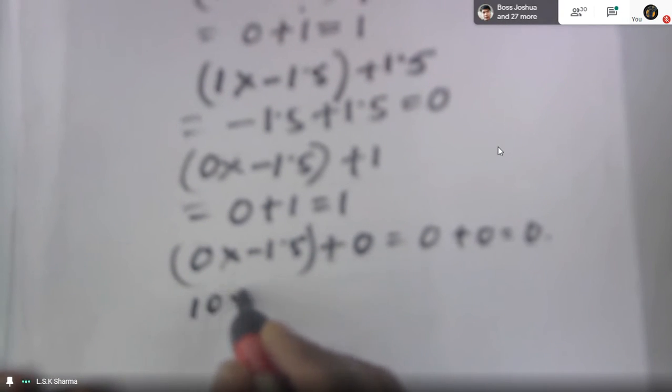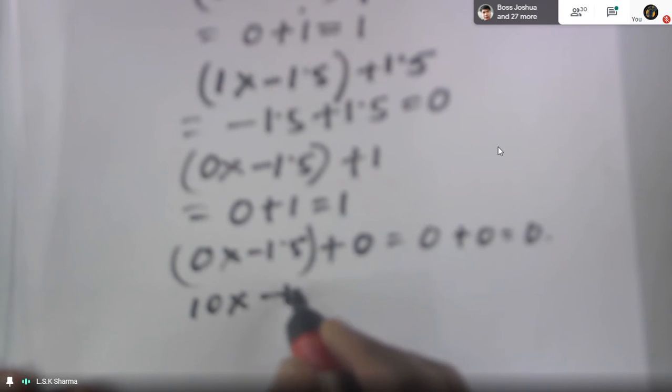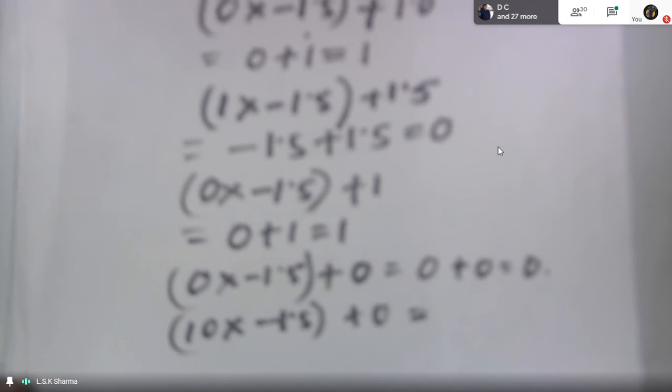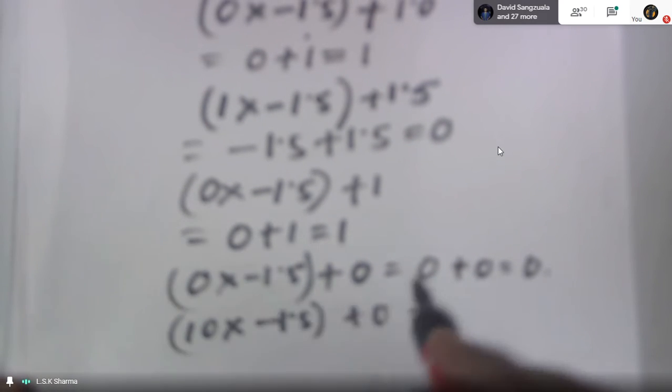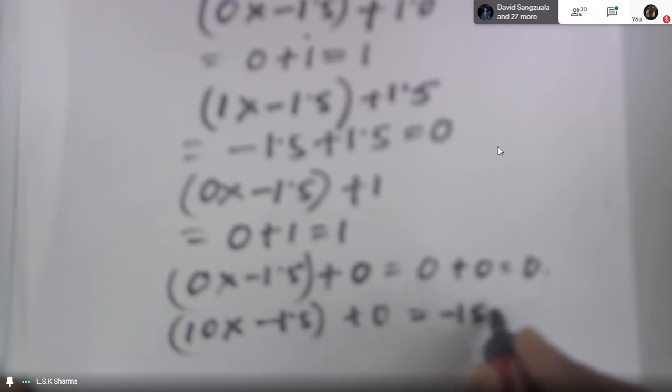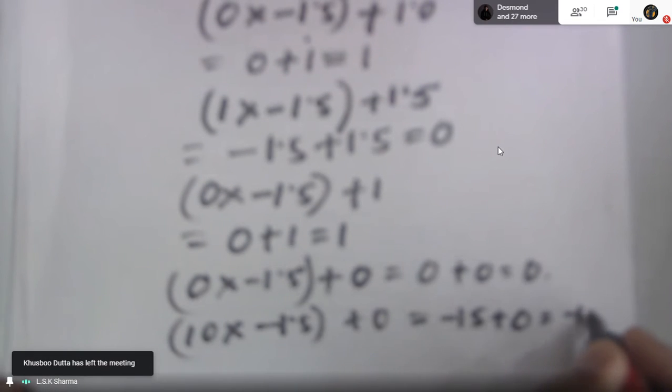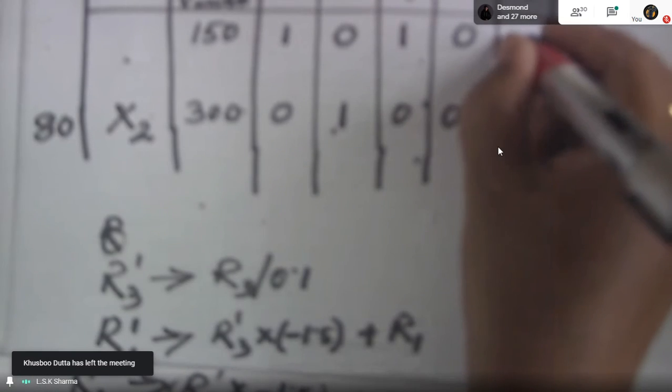Again here, 10 into minus 1.5 plus 0. How much I'll get? 10 into minus 1.5 is minus 15 and plus 0. Okay, so what you will get is minus 15 out here. So the value is minus 15.